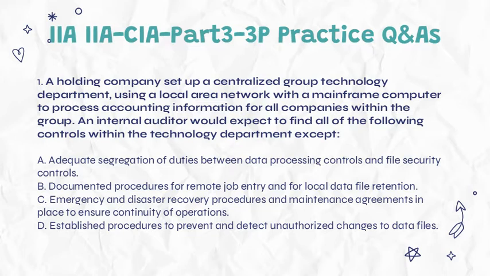B. Documented procedures for remote job entry and for local data file retention. C. Emergency and disaster recovery procedures and maintenance agreements in place to ensure continuity of operations. D. Established procedures to prevent and detect unauthorized changes to data files.